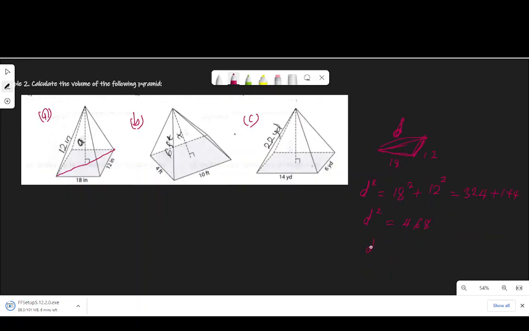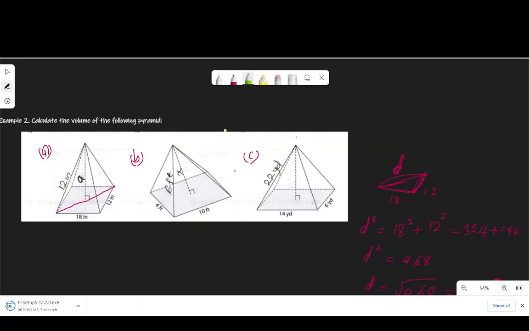Therefore, D is the square root of 468, and the square root of 468 is 21.6 rather. Is it 6 or 7? Nice one, 6. The 21.6 approximately is the diagonal of this pyramid.